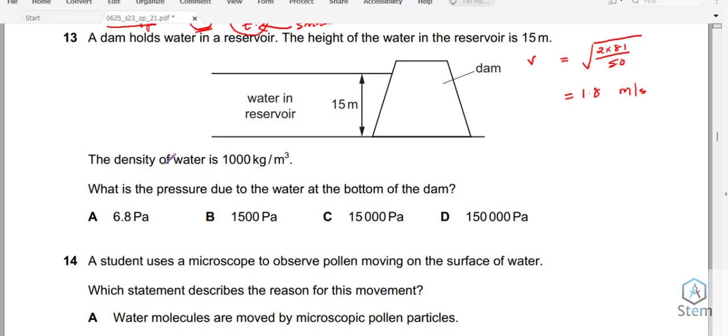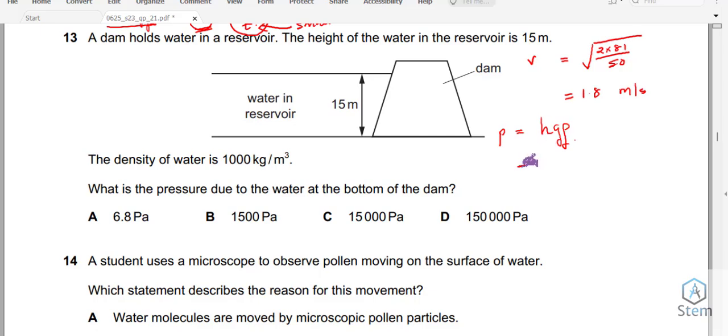Number 18, a dam holds water in a reservoir. The height of the water in the reservoir is 15 meters. The density of water is given. What is the pressure due to water at the bottom of the dam? We say pressure is equal to height multiplied by gravitational field strength of the earth multiplied by the density of the water.